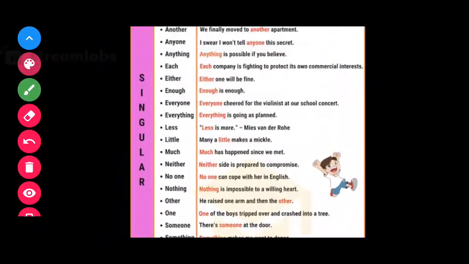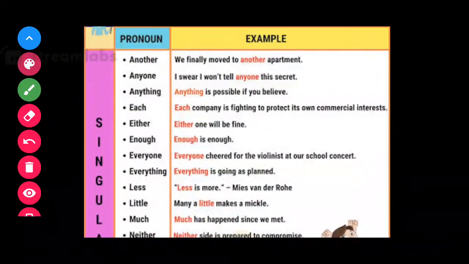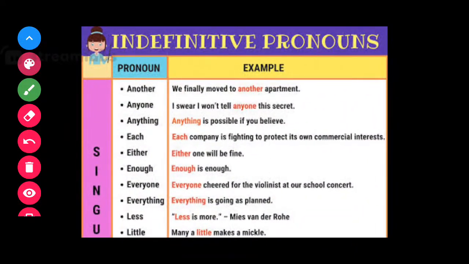Yeah, see, now you can look at these. These are indefinite pronouns. Okay, Banu, try to understand these indefinite pronouns at least. So in this class, let's understand what indefinite pronouns are, right?